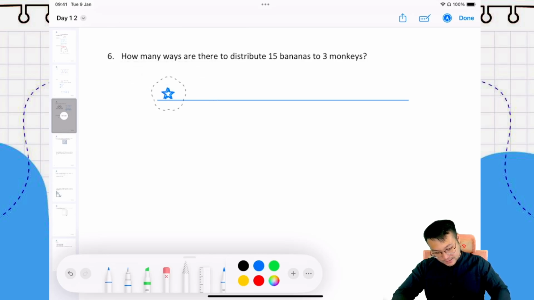If anyone suddenly realizes which method to use, raise your hand. Does anyone realize which method I'm using? Anyone? I taught you this before.